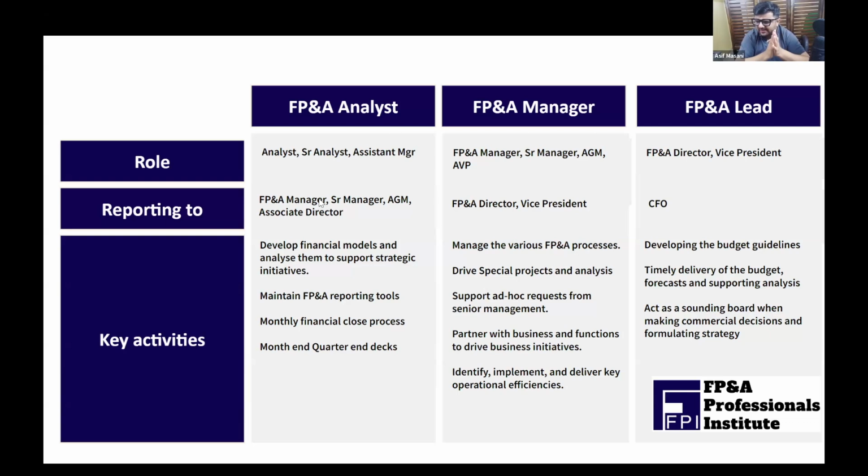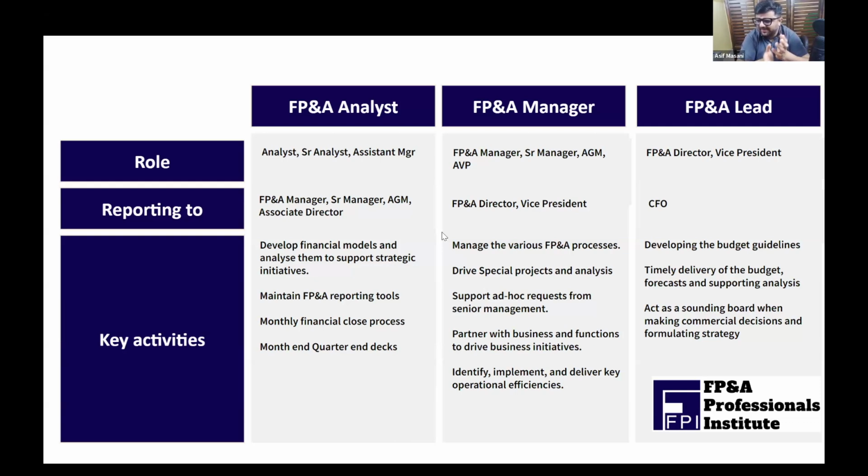As you move more senior, to vice president or FP&A director, your role will be more of business partnering, making sure you are connected to different parts of the business. It's not that this isn't done at the analyst or manager level, but the scale increases. Analysts might interact less with the business, but the FP&A lead has to interact with the business. They will be developing the guidelines on the budget calendars, deciding when the budget should start and who should be doing what in the budgeting process.